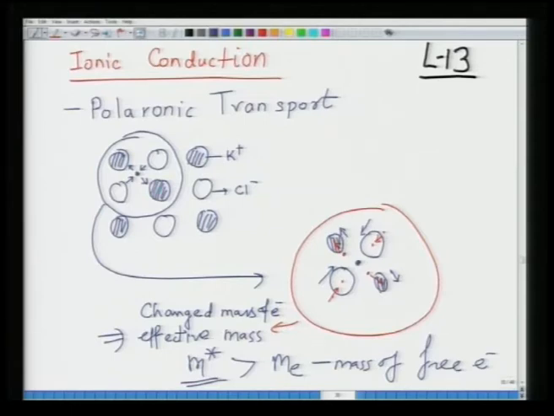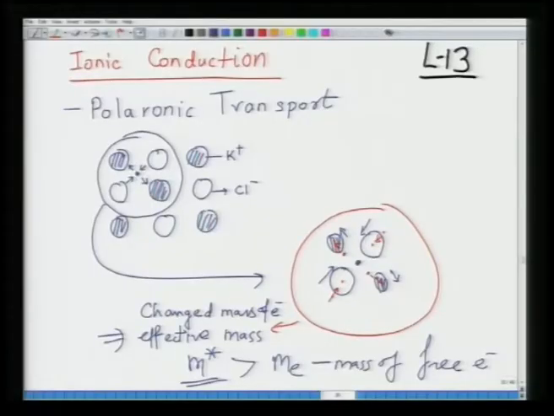Now, this polar ion is a charge carrier in the proximity of the lattice, and this proximity leads to polarization of the lattice, giving a combined entity of the lattice, the lattice ions and the carrier, and this is called a polar ion.